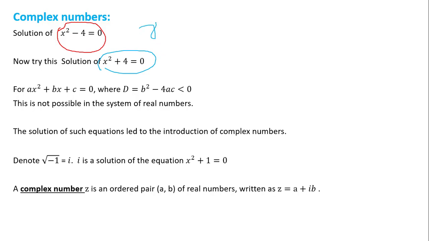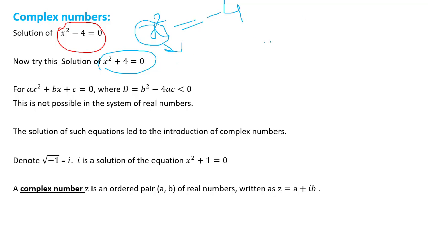Then what I'm looking for is those x whose square is minus 4. Do you know any number which can be squared to get minus 4? No, we don't have any real number whose square will give us a negative number.